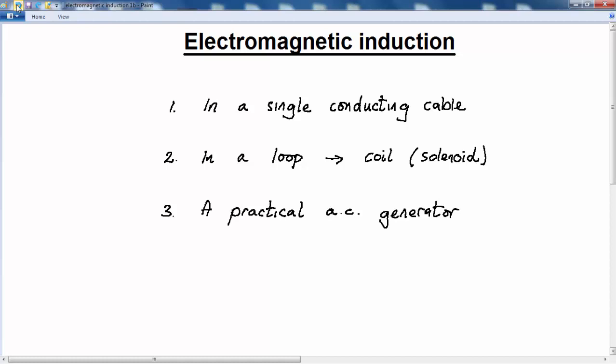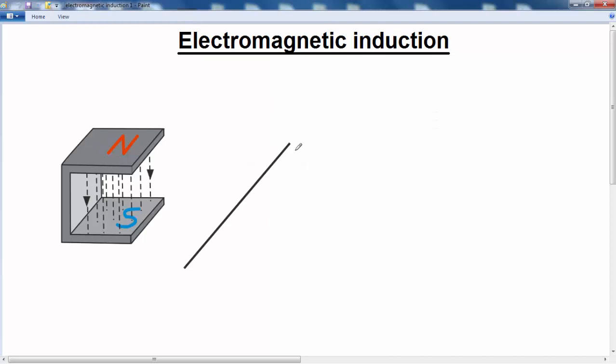Okay, so first of all, let's look at the simplest form of electromagnetic induction, number 1. What we've got here is a single, simple conducting wire. It's made of copper or aluminium or whatever, but because it's a conductor, it contains free electrons.